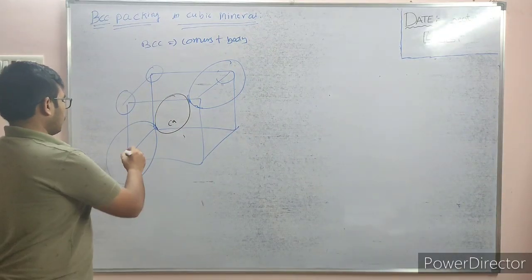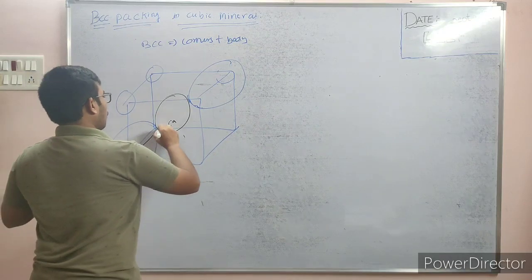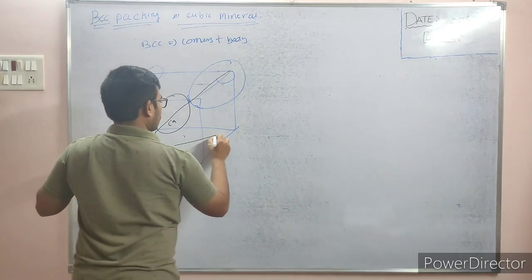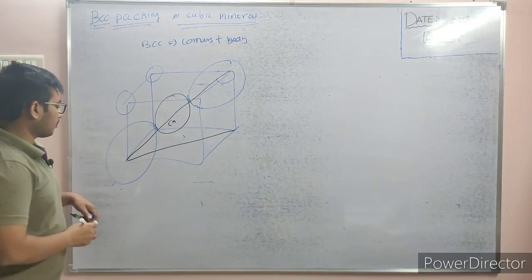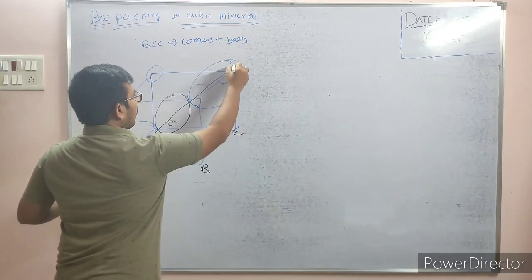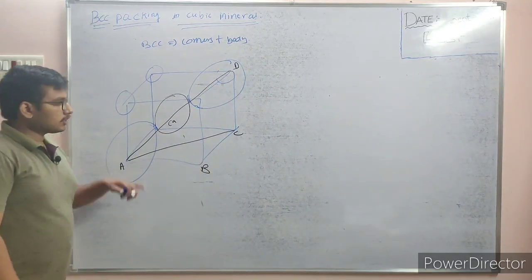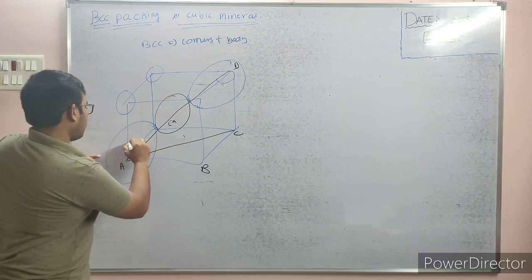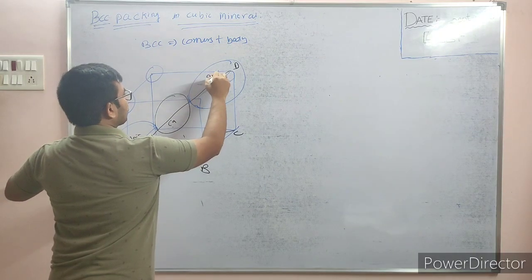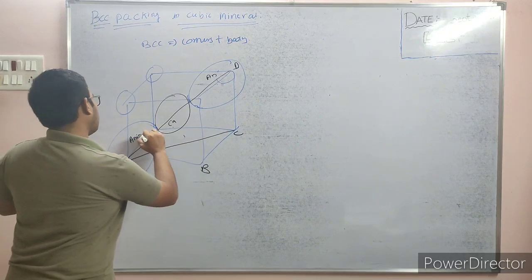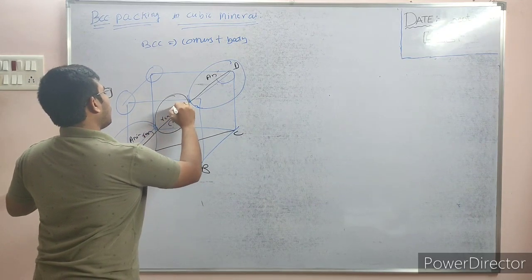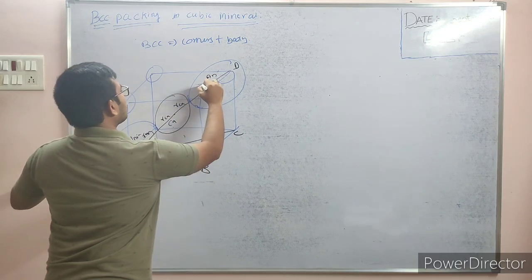So when you draw a line joining these, it will be like this, and you consider it as B, C and D. Do you understand? This is an anion, this is a cation and this is an anion. The radius of the anion is the radius of the anion. The radius of the cation will be this, and this will be the radius of the cation, and this is the radius of the anion.